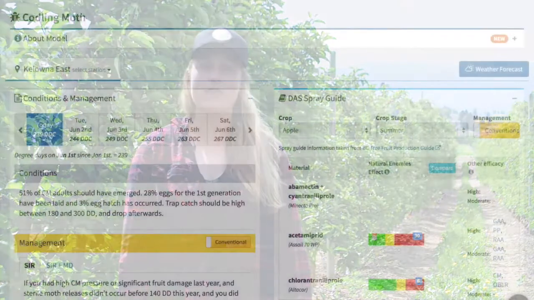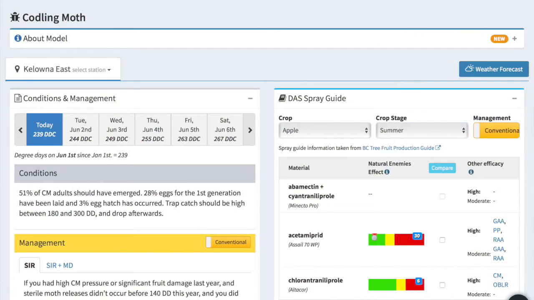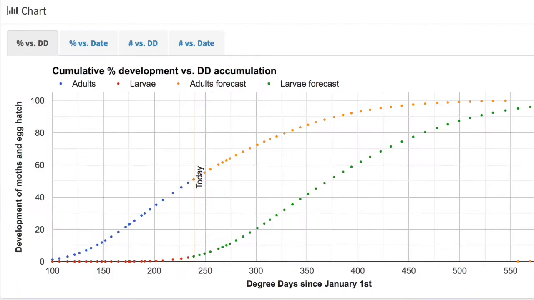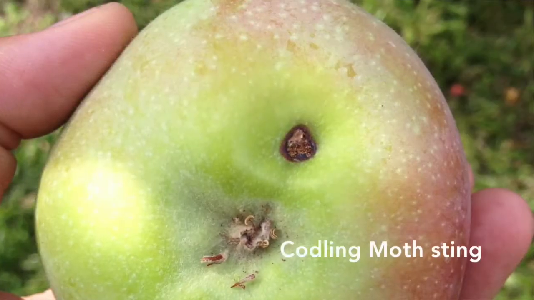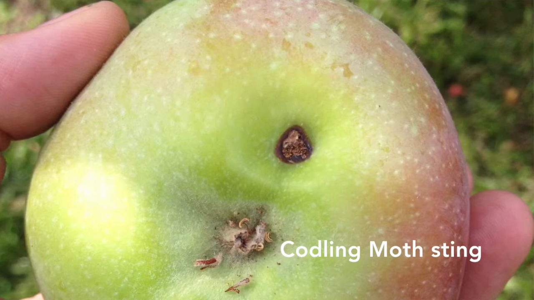The BC-DAS model for codling moth predicts the emergence of adult moths, including egg-laying females. Within the BC-DAS model, the cumulative percentage of adult emergence, along with egg-laying females, is shown for the past 8 days as well as the next 42 days. It's critical that growers go out and monitor their orchards looking for any signs of codling moth stings or damage.